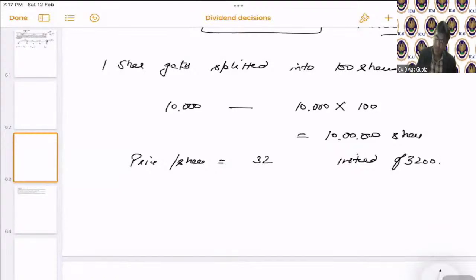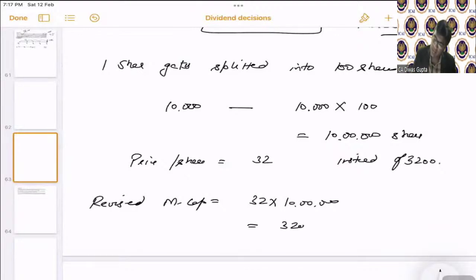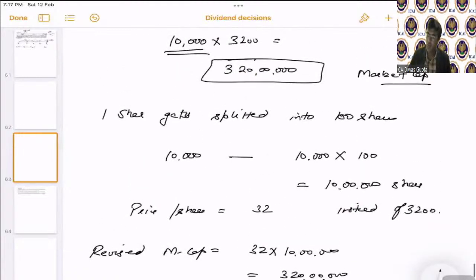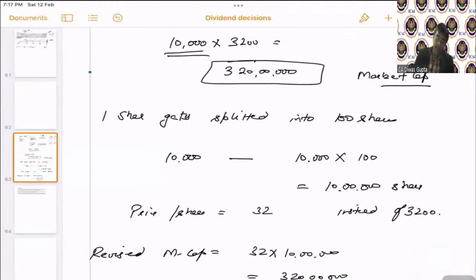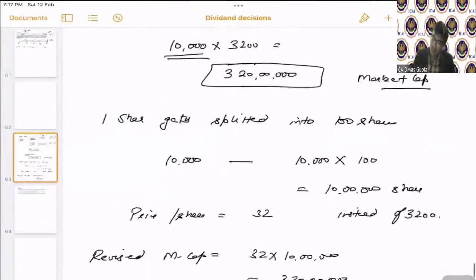Now, what I'm trying to say is that the revised market cap will still be the same. 32 into 10 lakh is 3 crore 20 lakhs. Still going to be the same. So what is the use of stock split? The use of stock split is to reduce the per unit valuation of the shares, because the number of shares is increased. That is the reason.